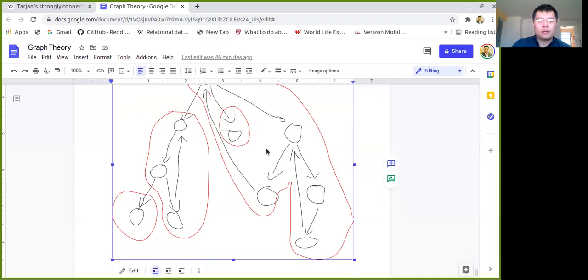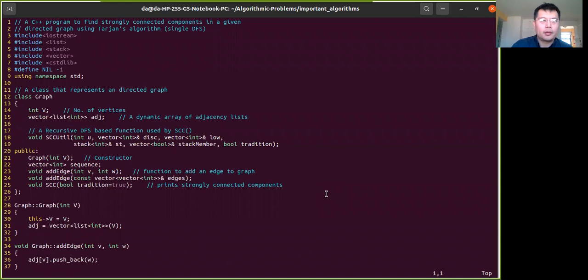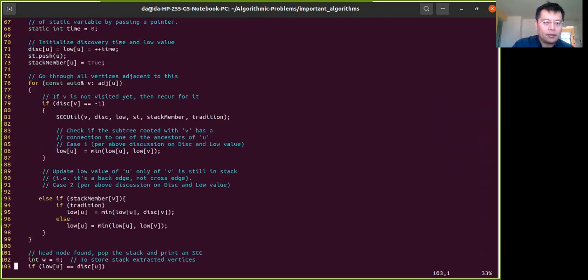So now let's go to the code and see the problem in Tarjan's algorithm. This is the C++ code I modified to standard C++11. Let's go from the high level to the lower level.